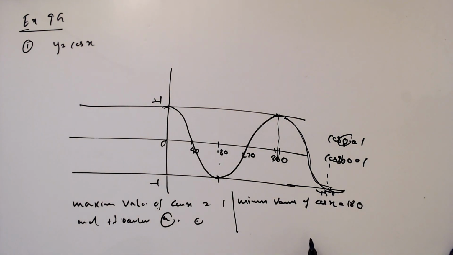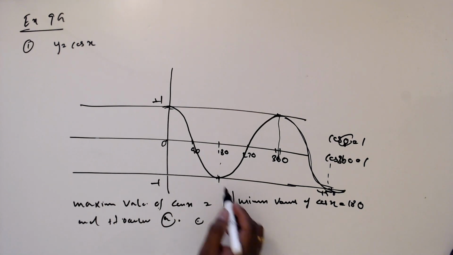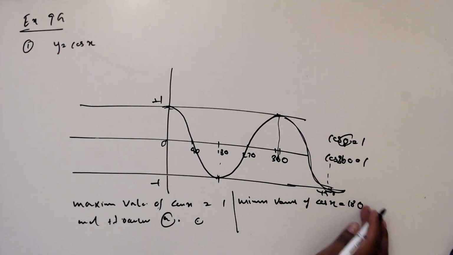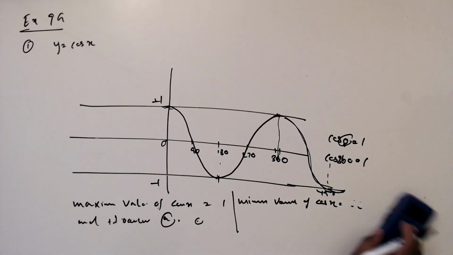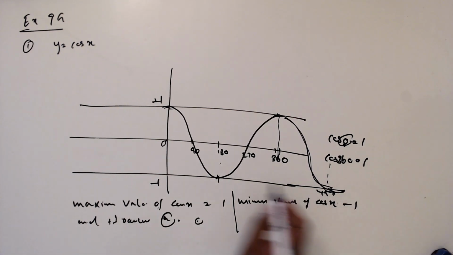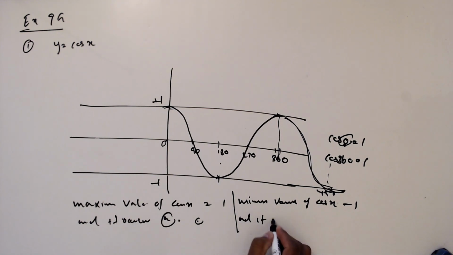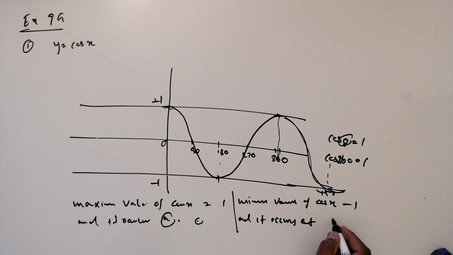We have infinite. The smallest positive one is 180. The minimum of cos x is minus 1, and it occurs at 180.